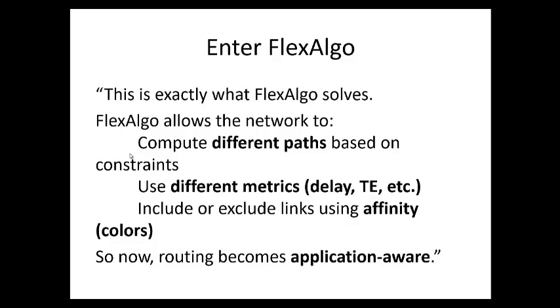I like this path, meaning I have affinity to the path. So based on the color, it decides the path, and the instruction to go through the path is decided. So flex algorithm helps to achieve this.